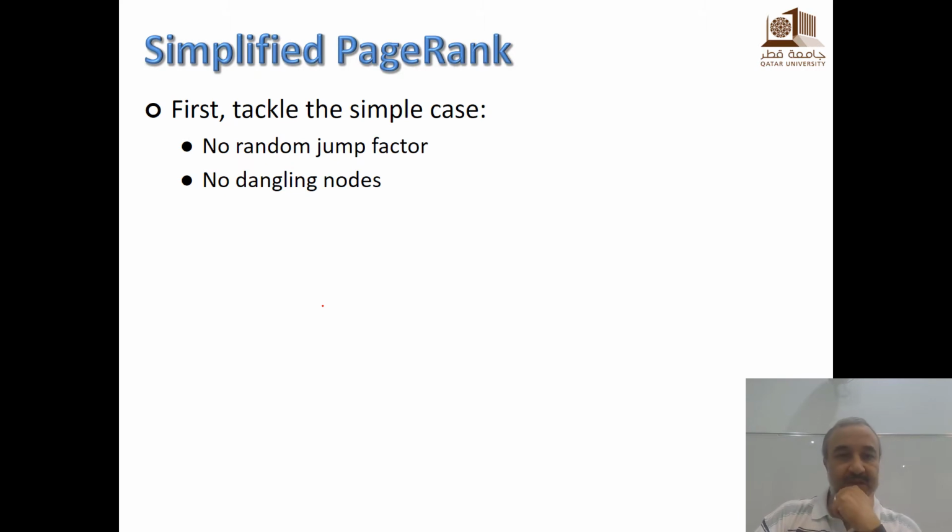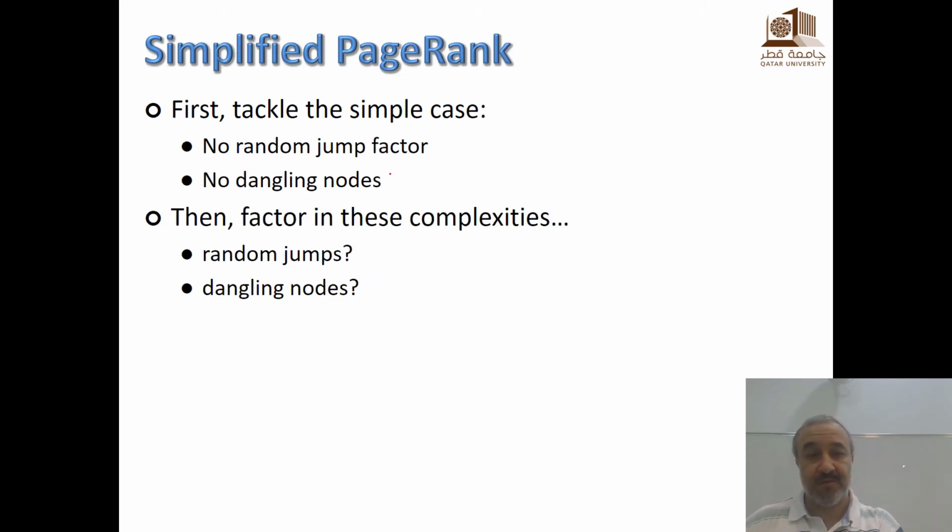We'll see examples right now. So we'll start to see how MapReduce will deal with that. We'll start with a simple case. We'll just forget about the random jump factor, and we will not look at an issue called dangling nodes. We'll just ignore it for now, and then we'll come to it later.